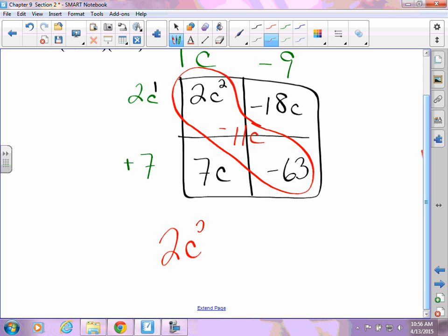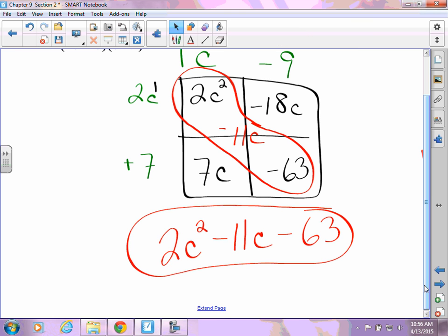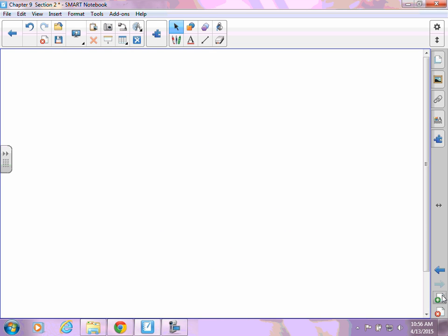Now, the stuff we're doing today, make sure that you study and make sure you know what to do, because tomorrow let me show you a little glimpse of what we're going to do. We're going to get something like 3x(2x minus 7) minus (2x minus 7)(3x plus 9).